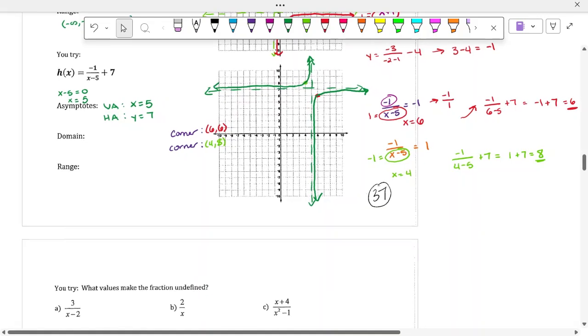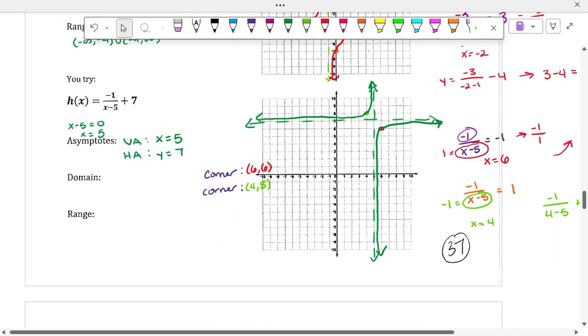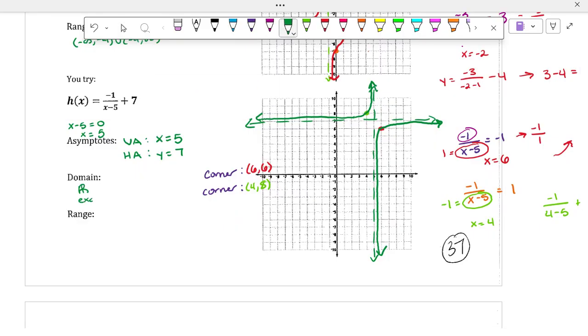Okay, so we're not quite done yet. Domain and range. All real numbers except x cannot equal 5. If I were to write that in interval notation, what would it be?